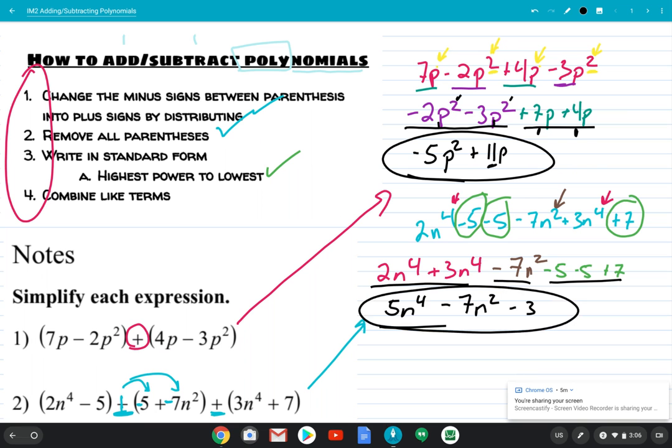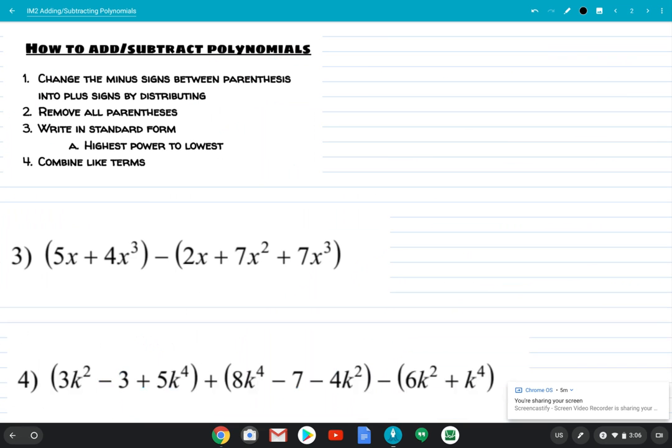Okay, so that's the first two questions. I'm going to try another couple. Let's see what we got. We're going to follow the same steps. I'm going to write this one up here. Change the minus signs into plus signs. I got this minus sign. Change it to a plus by distributing it. So this becomes negative, and this becomes negative.